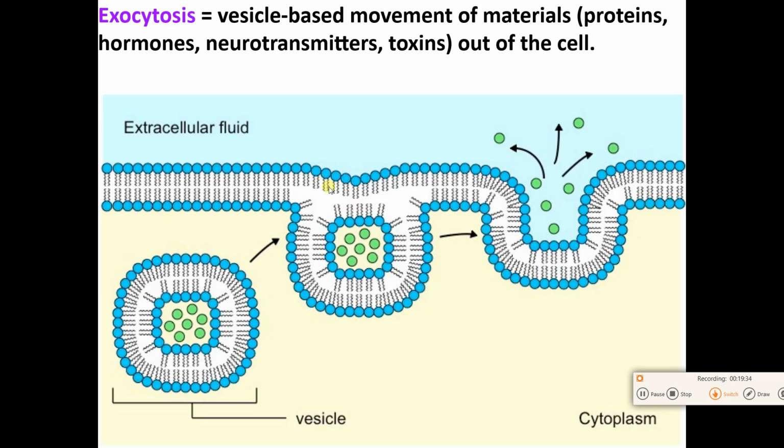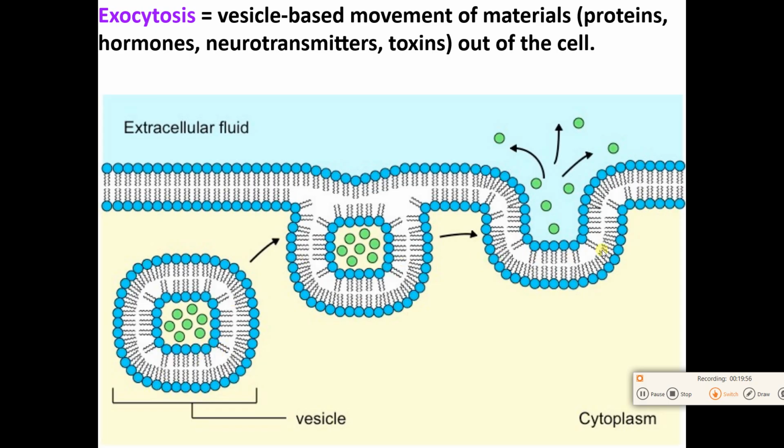These phospholipids join up with these here, and the membrane has become a little bit bigger. It's got this little down part here. And now the green guys are no longer inside this vesicle. They've now been released outside the cell.